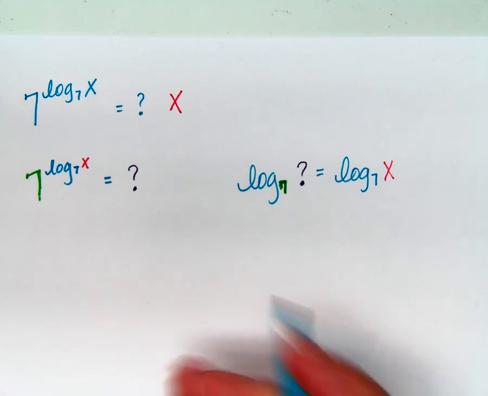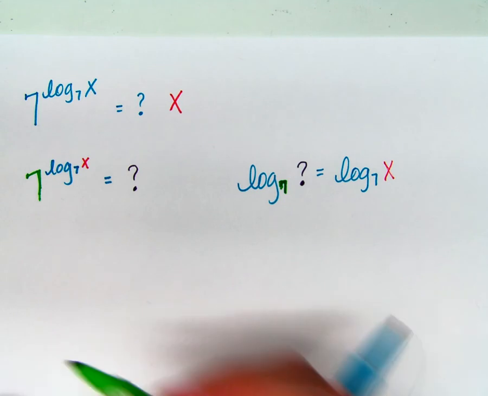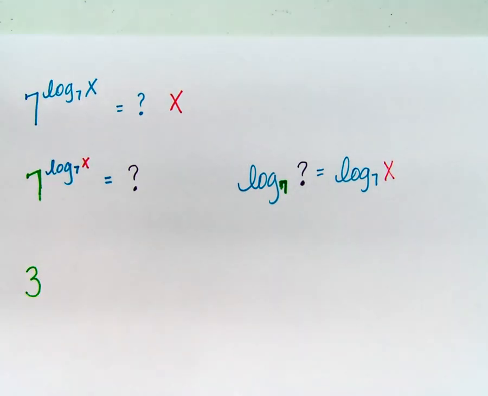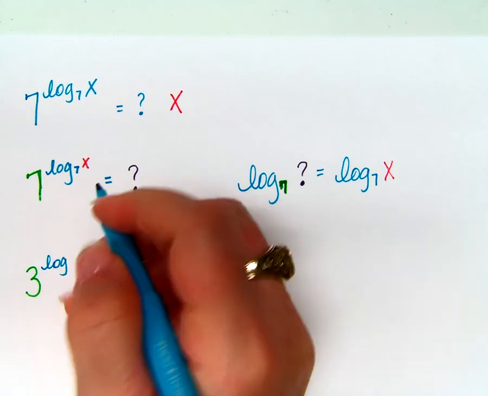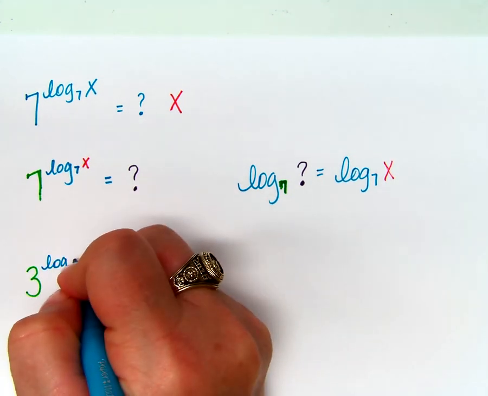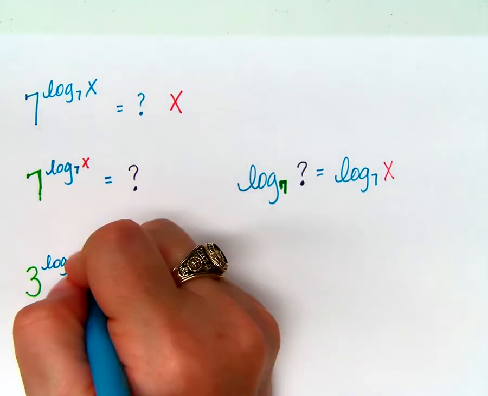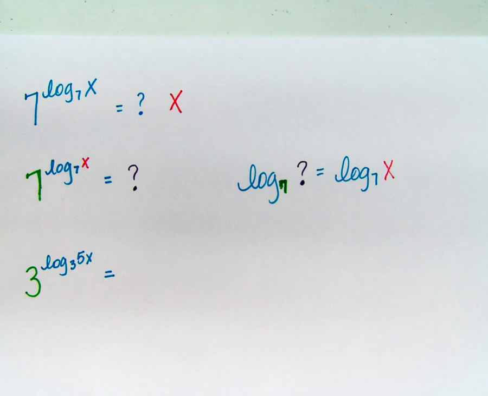Let me show you another one, so you stay with me. And I'll write it in 3 raised to the log base 3 of 5x equals what?